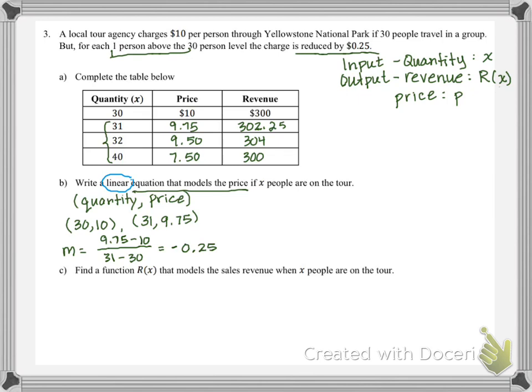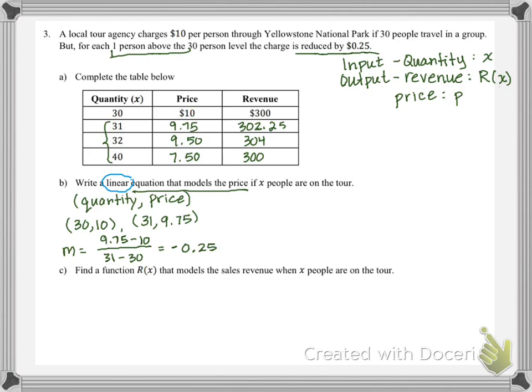If you see that and you can interpret that as the slope is negative 0.25, then by all means you don't have to do the slope formula. So it's given to us in two different ways. If all else fails, grab 2 points and calculate the slope. But if you can get it from that sentence, then you're more than welcome to use that. You get the same thing either way.